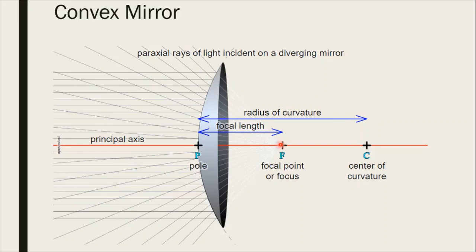Similarly, if the light rays are incident on the mirror in such a way that they seem to be converging at the principal focus, the reflected rays are collimated, which means that the reflected rays are parallel to the principal axis.